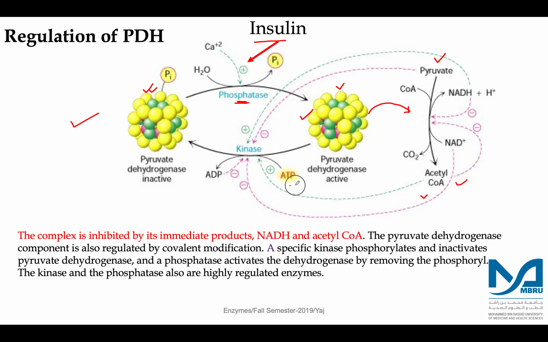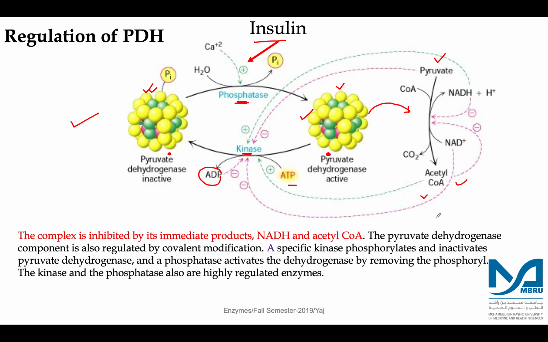So ATP then activates a particular enzyme, kinase, and this particular kinase converts pyruvate dehydrogenase from its active form to its phosphorylated inactive form, and in the process I produce ADP. So when I have low ATP, I need it to be active. When I have high ATP, I need it to be inactive.